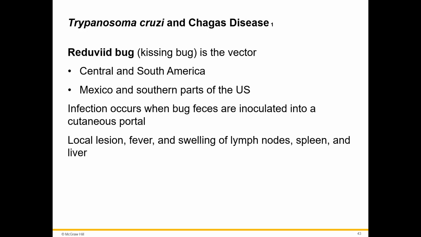And so this excrement can get into the wound that they cause on you, and so you can tell because you're gonna have more of a reaction when they are releasing and relieving themselves on you, and so you can get a little lesion in that area, and then you can come down with a fever. Your lymph nodes will swell. Your spleen can get an infection, and a lot throughout the liver.